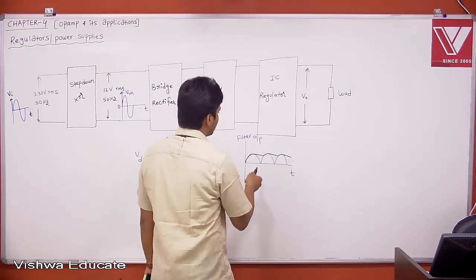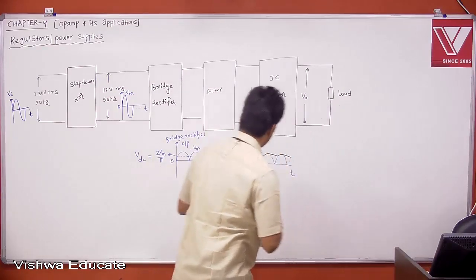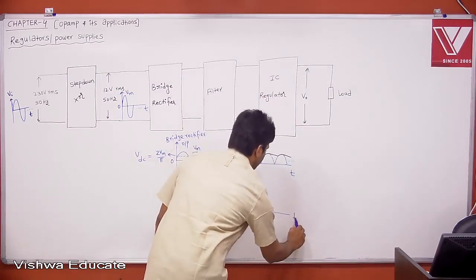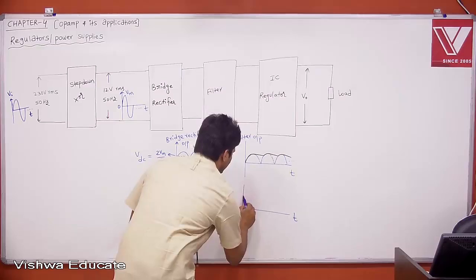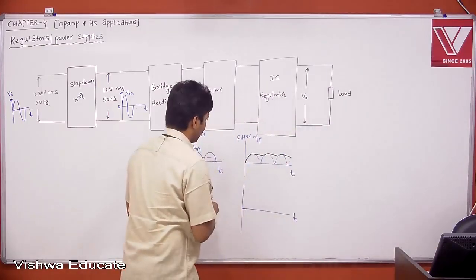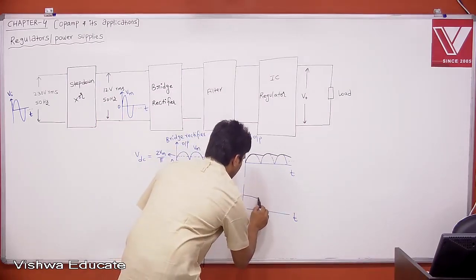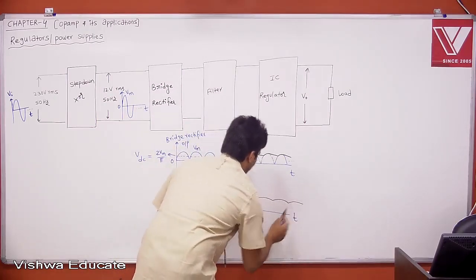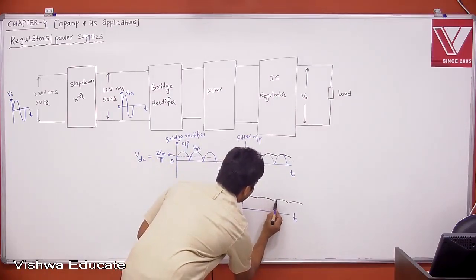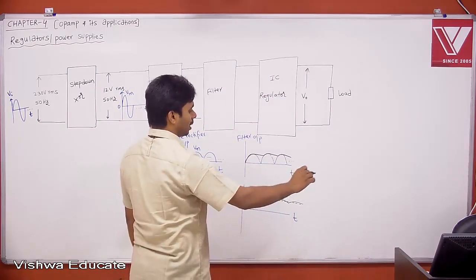Equivalently I can represent this, this is your time, okay. Now the peak values, if you see, this is your filter output. If you take it continuously, it is like this. If you take the average value, the filter value, it is a DC voltage, but on top of the DC voltage there is a ripple, right?